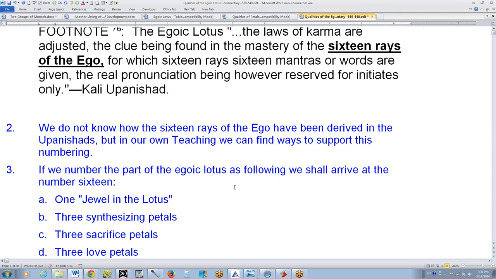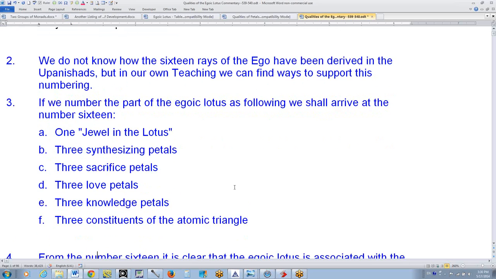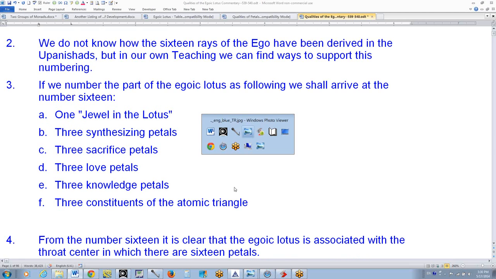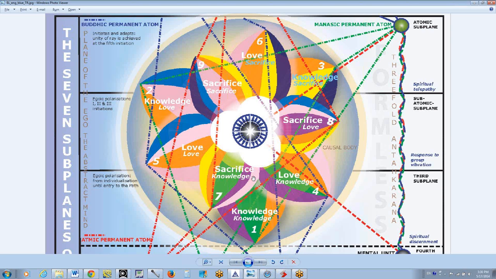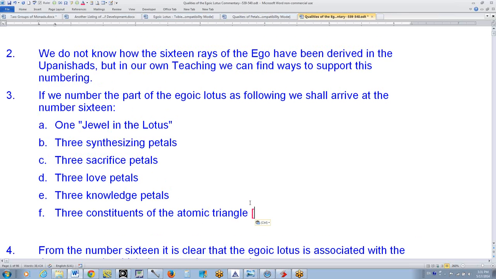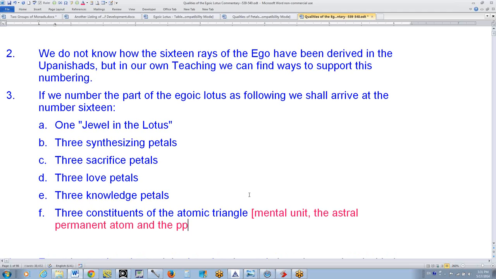If we number the 16 parts of the Egoic Lotus, we can arrive at the number 16 in this way. So there is 1 jewel in the lotus, 3 synthesizing petals, 3 sacrifice petals, 3 love petals, 3 knowledge petals, and the 3 constituents of the atomic triangle, which will be the mental unit, the astral permanent atom, and the physical permanent atom.